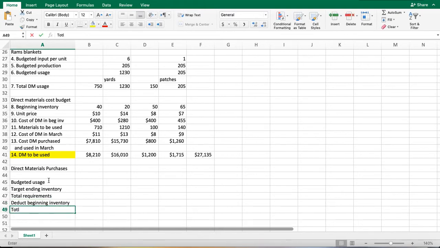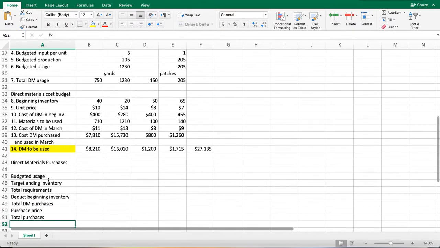And then that would be our total direct material purchases, our current purchase price, and then we have our total purchases. So it's similar to our direct materials used, but it's different because this is what we use and this is what we're going to purchase. Our used does not include our target ending inventory.